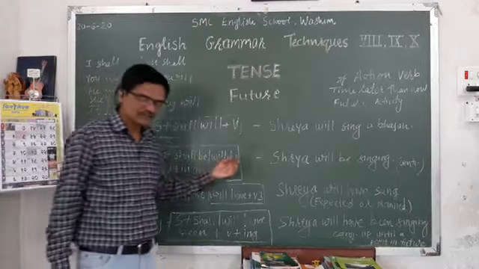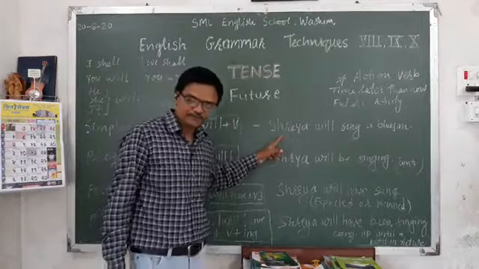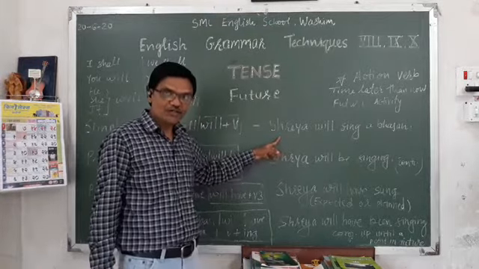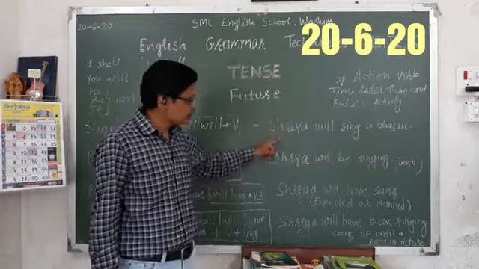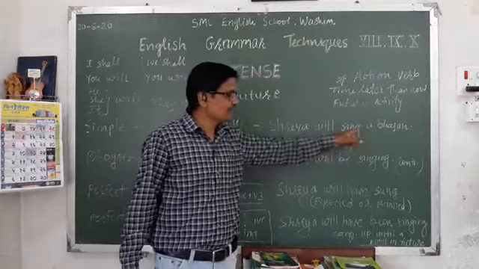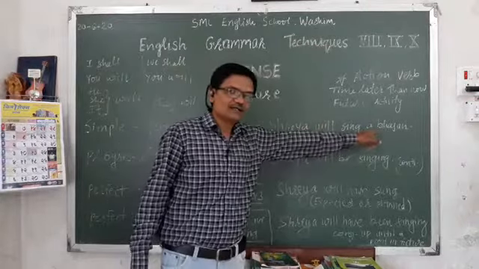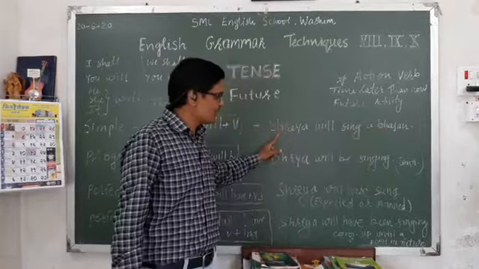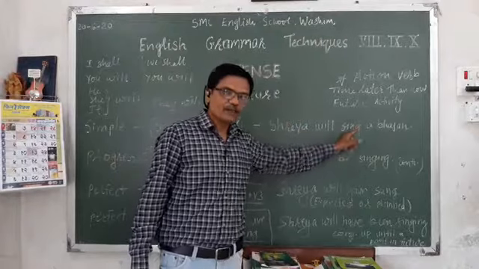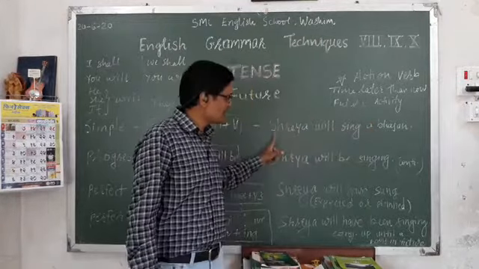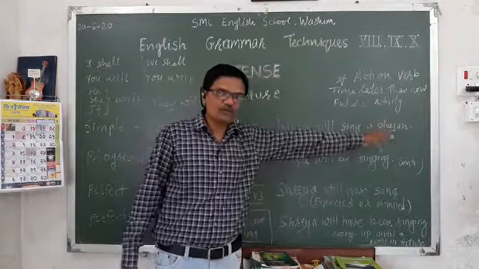And here is our first sentence. Shreya is a doer of action. Subject, Shreya will sing a bhajan. Shreya will sing a song. Shreya will sing bhav geet. Shreya will sing a Bollywood song.